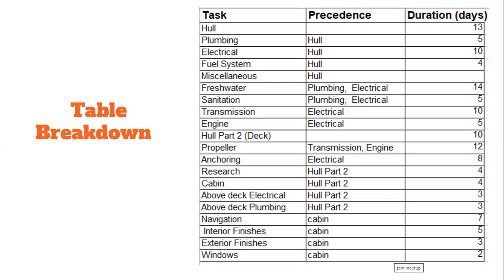These activities included hull construction, plumbing, electrical system, fuel system, miscellaneous, freshwater, sanitation, transmission, engine, propeller, anchoring, research, cabin, above deck electrical, above deck plumbing, navigation, interior finishing, exterior finishing, and lastly windows installation.